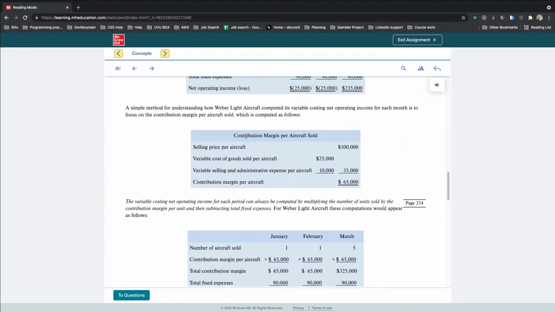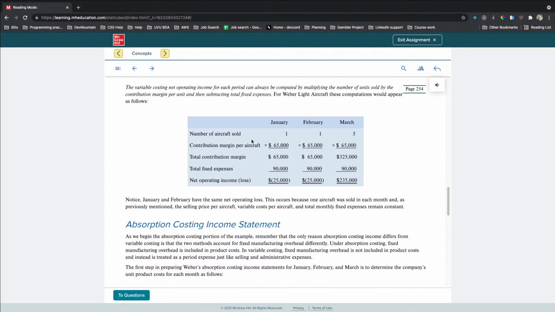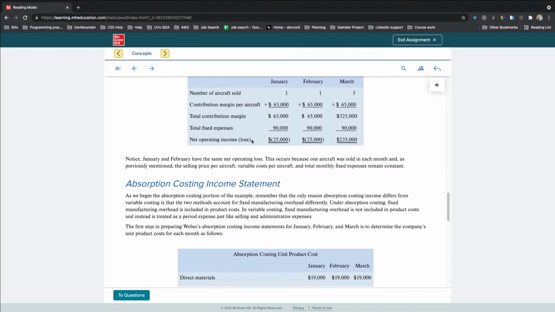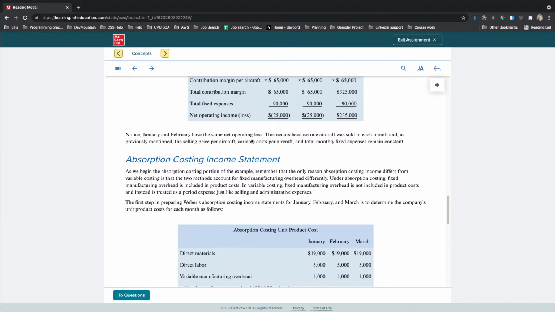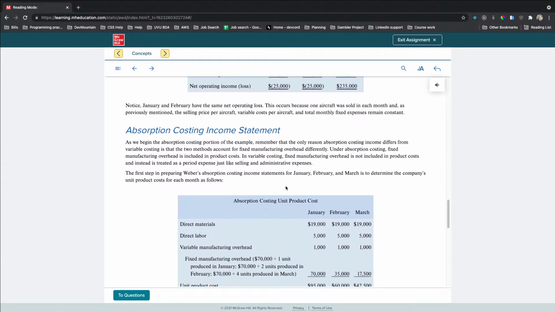This is what I did initially. Yeah, I think I did 85 instead of 90.